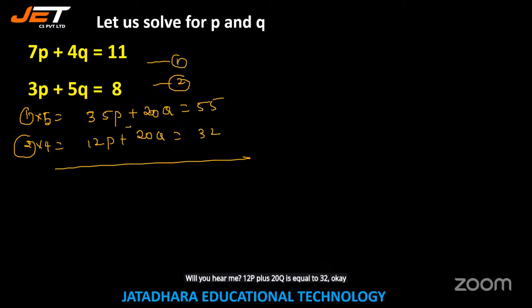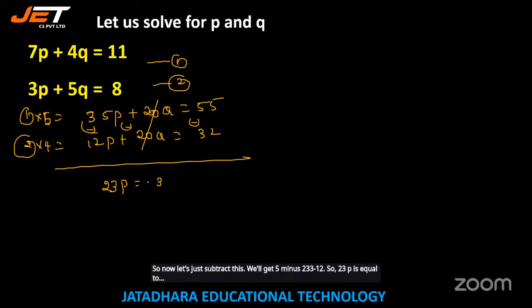So now let's just subtract this. 35 minus 12 is 23p, and 55 minus 32 is 23. So p is 1. Good, easy.